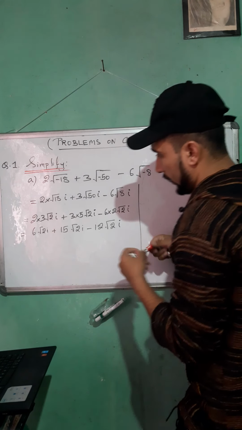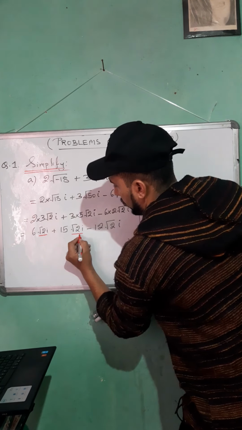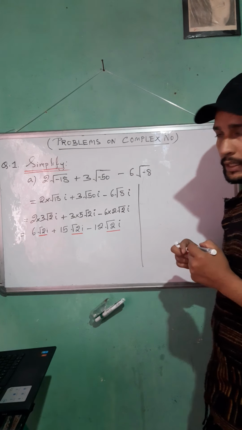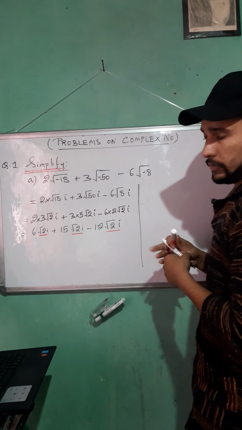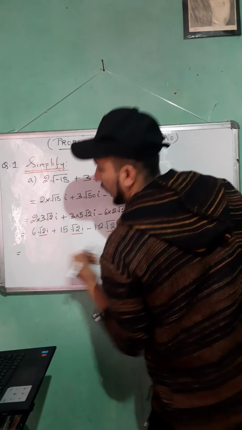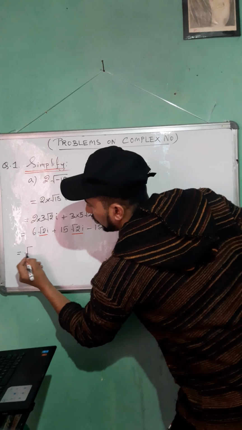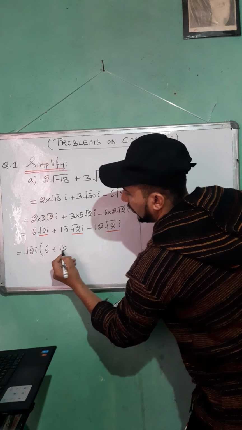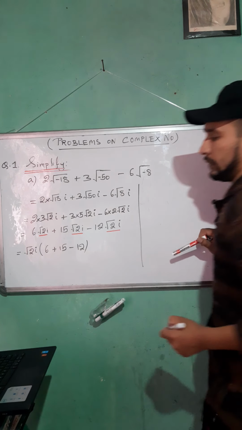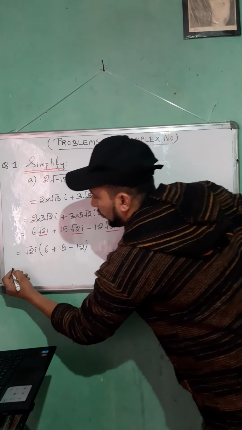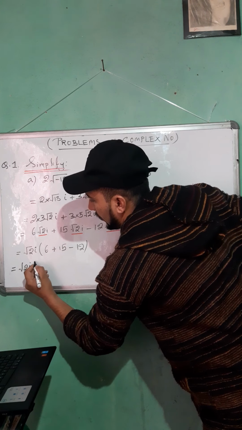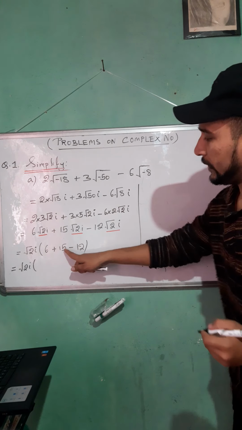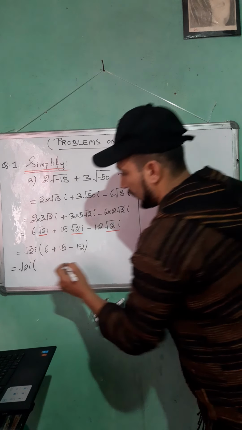Now here you have root 2i, here also root 2i, here also root 2i. Root 2i you can take out common. So you are left with 6 plus 15 minus 12 within the bracket. 15 minus 12 is 3, plus 6 is 9.